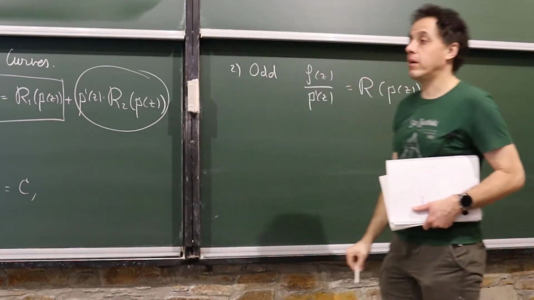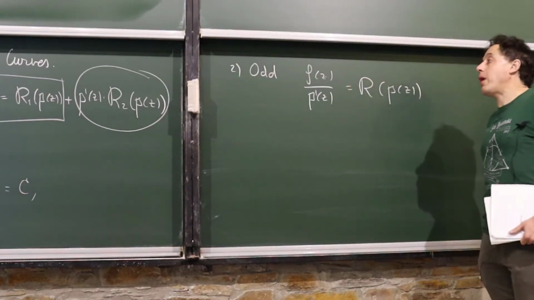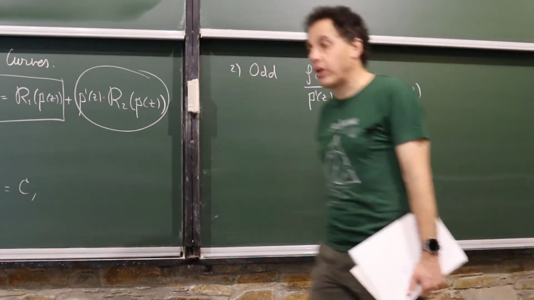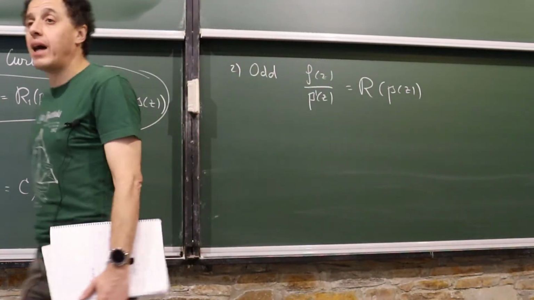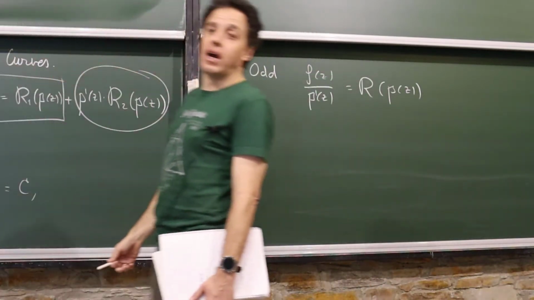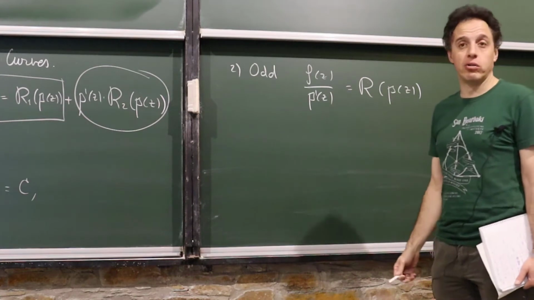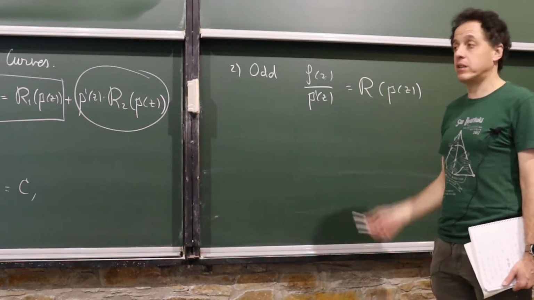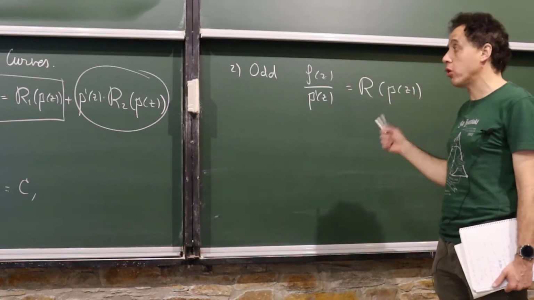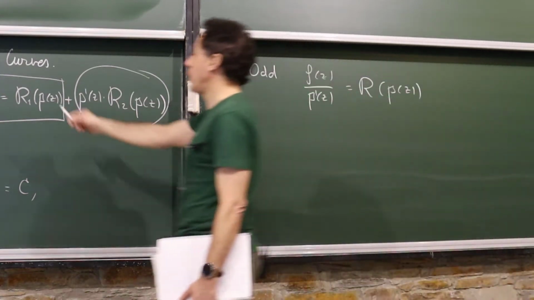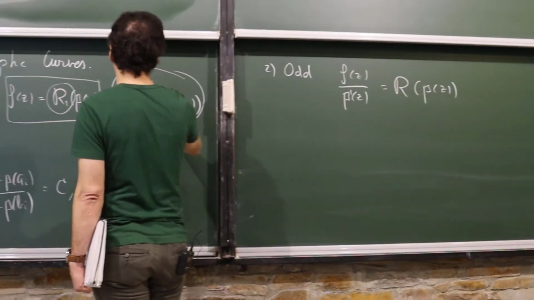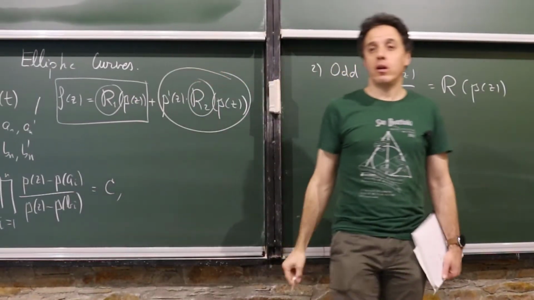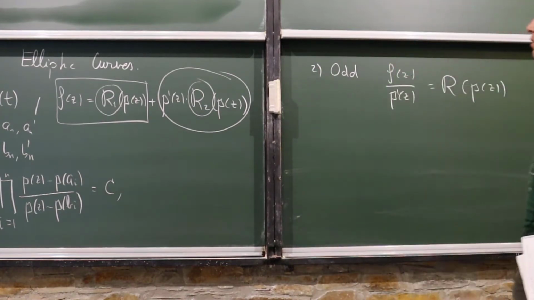And in the general case, it is well known that every function can be written as a sum of an even and an odd function. So write f as a sum of an even and an odd function, and you will obtain rational functions R1, R2 to write in this expression.